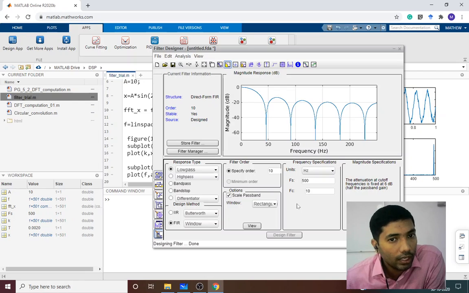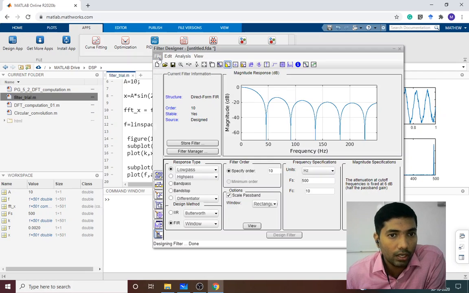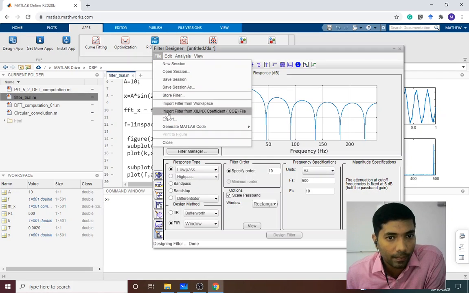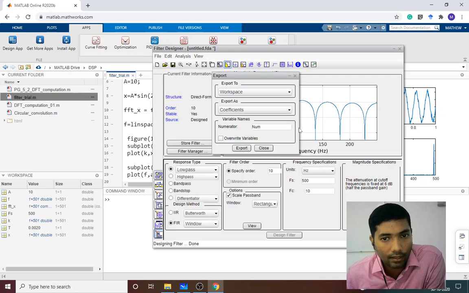Now what we need to do is take this designed FIR filter to the workspace, so that we can use the designed filter in our main program. So go to File, Export. Click on export, and there are different options. You need to export it to the workspace, and export as.